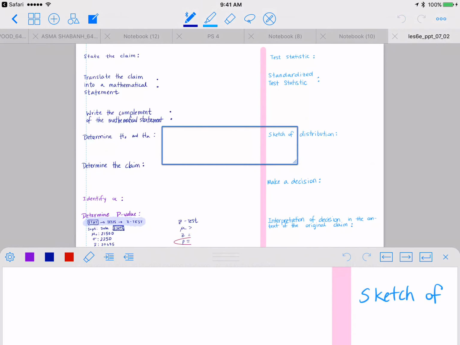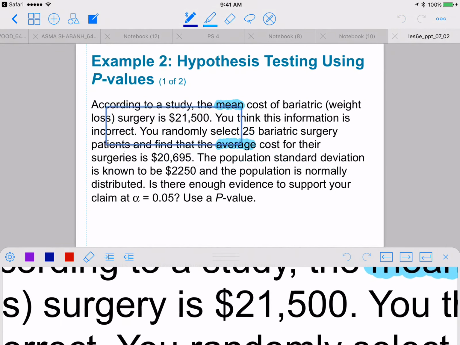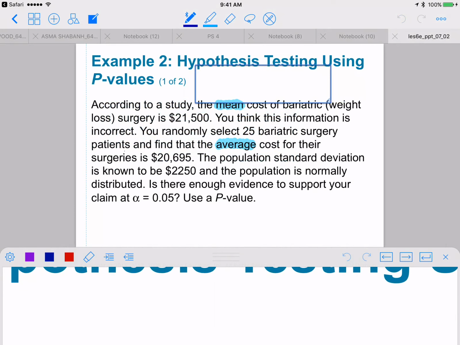Okay, now what is the population that we're concerned with? The population is going to be all prices for bariatric surgeries.